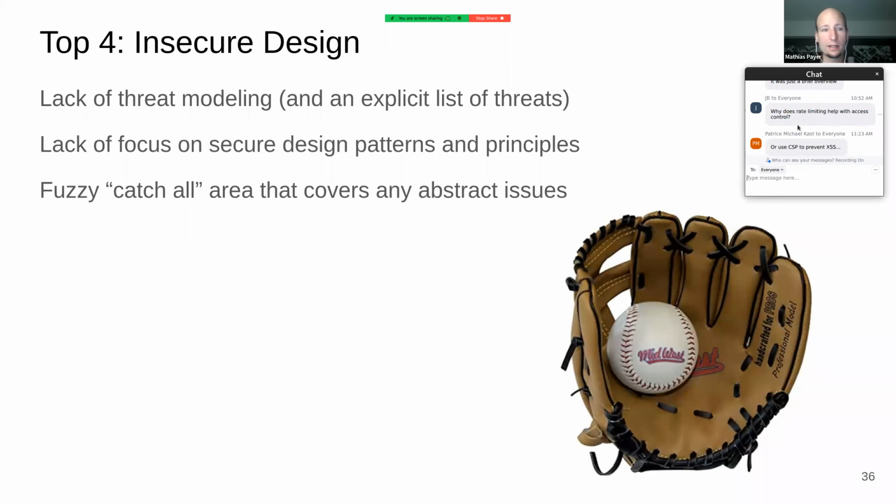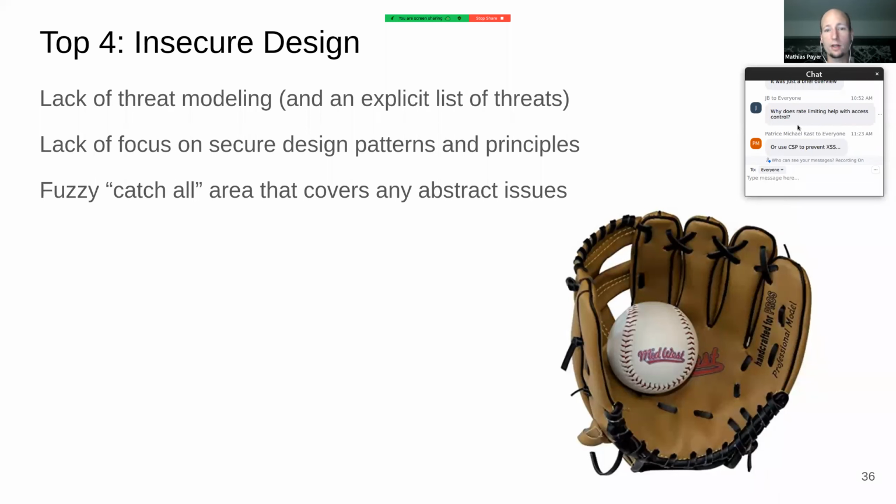This is a new threat, and it has entered at the top 4. So this has become quite important, but it's a kind of fuzzy catch-all part, right? So this catches everything that does not really fit another category.